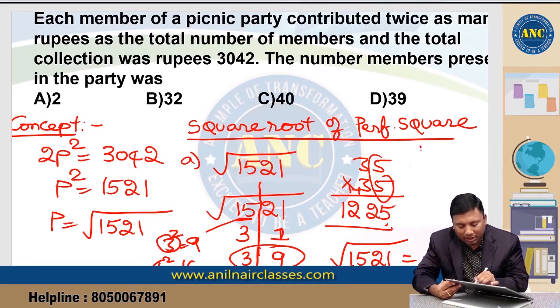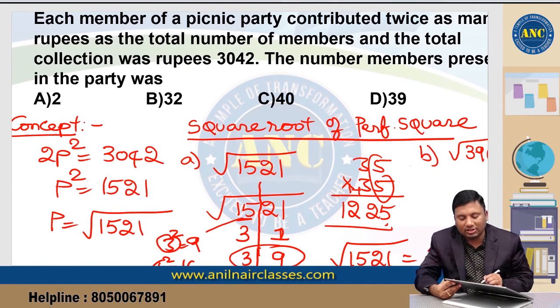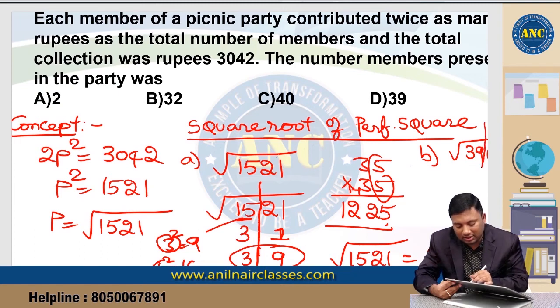Let us take one more example. Suppose it is square root of 3969. Keep a slash after 2 digits. 9 means 3 square is 9, 7 square is 49. 6 square is 36, 7 square is 49.